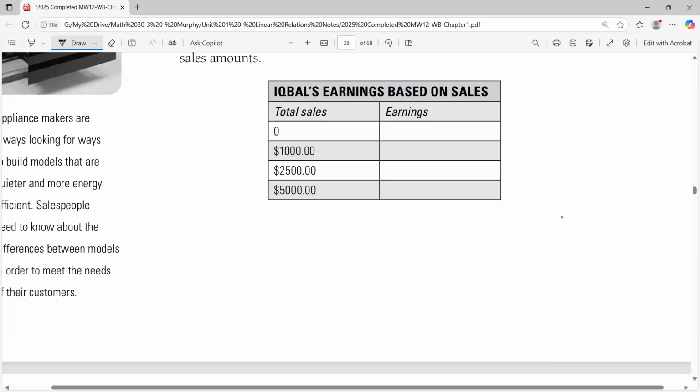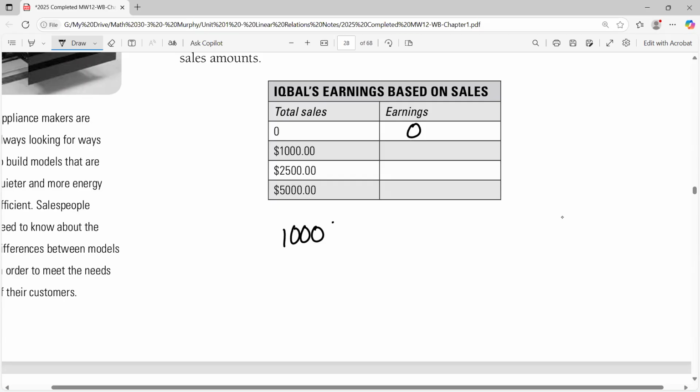So if you don't sell anything, you're going to make nothing. But if you were to sell $1,000 worth of maybe, let's say, electronics, appliance store, $1,000 worth of appliances, you are going to make 20% of this.